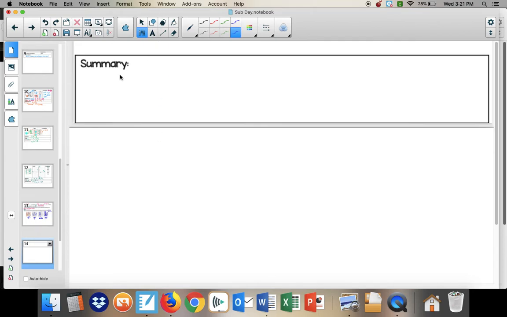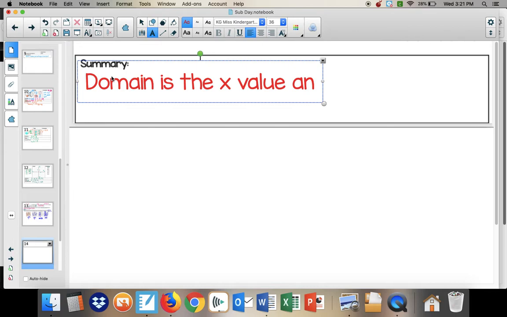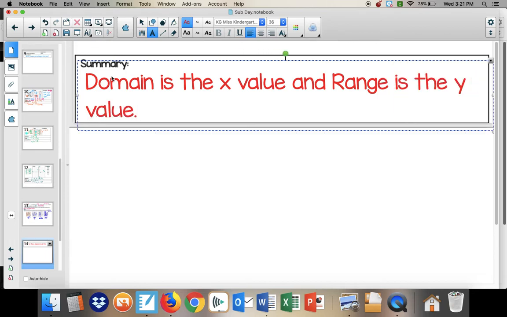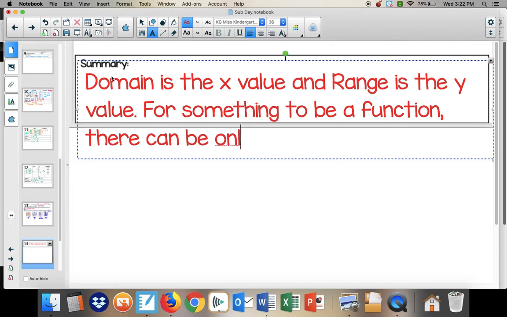All right, your summary. So if I were to do a summary here, I would say domain is the x value and range is the y value. For something to be a function, there can be only one output for every input.